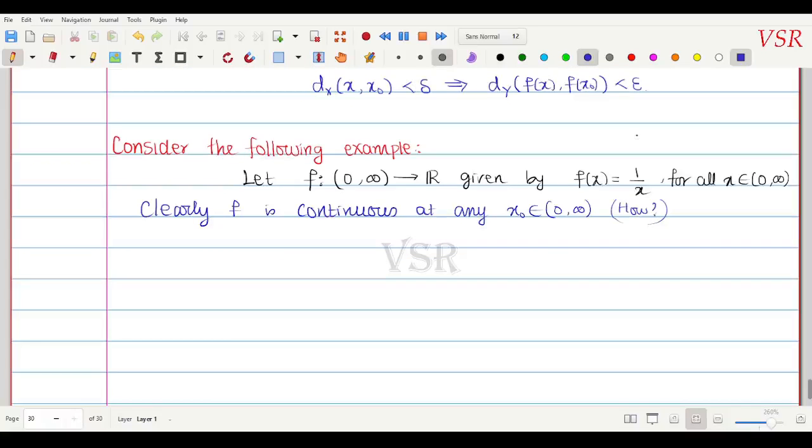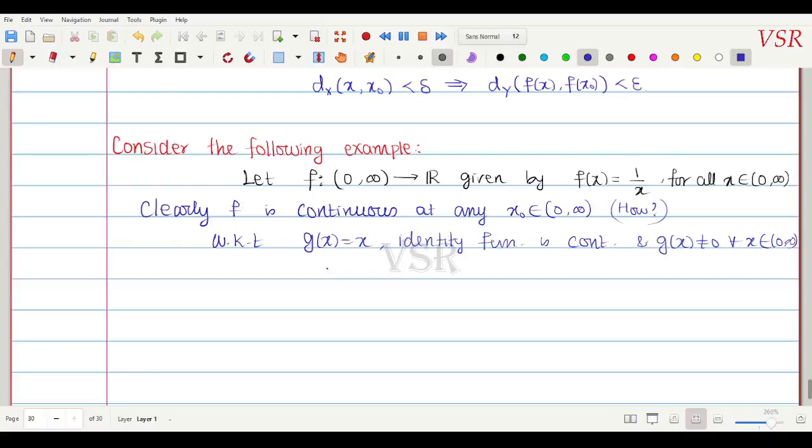Without epsilon delta, we know that g of x equals x, the identity function, is continuous, and g of x is not equal to 0 for every x in the open interval 0 comma infinity.